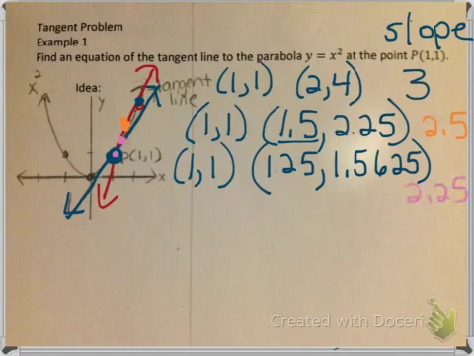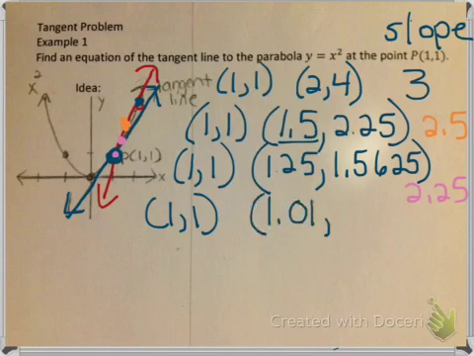Getting even closer, I find the slope between (1, 1) and (1.01, 1.0201). All the y values I'm finding by just squaring the x values, so these are all points on the parabola. The slope between those 2 points is 2.01.